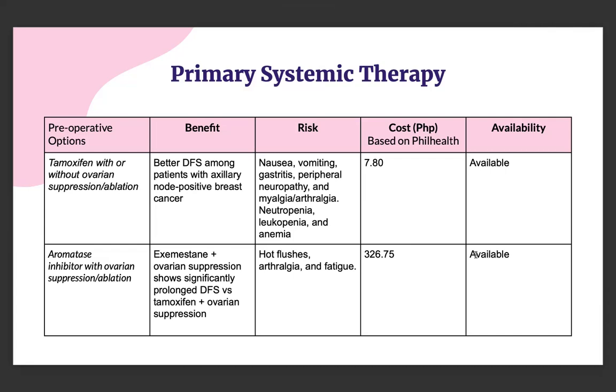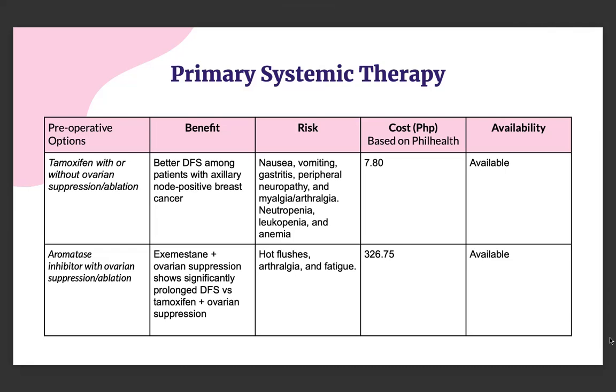And then for the adjuvant endocrine therapy, the benefit of tamoxifen with optional ovarian suppression is that the use of exemestane plus ovarian suppression showed significantly prolonged disease-free survival versus using tamoxifen without ovarian suppression.